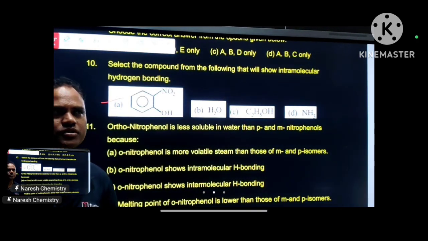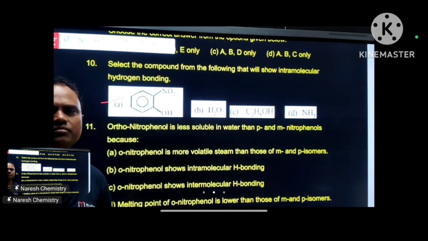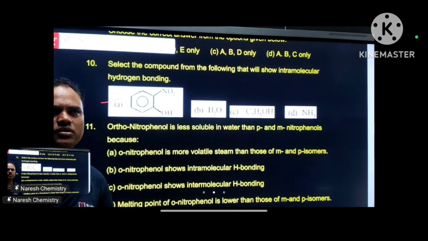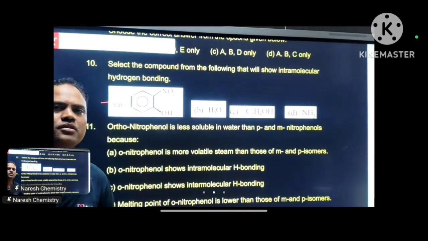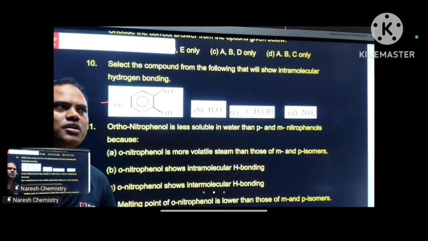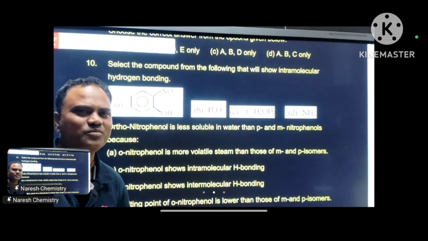JEE Mains and NEET are both similar to each other, but the depth is different. The area is the same. For example, in JEE Mains, from whichever area we get the question, there is a probability of getting the same area in NEET also. So finally, what I am saying, hydrogen bonding is important.